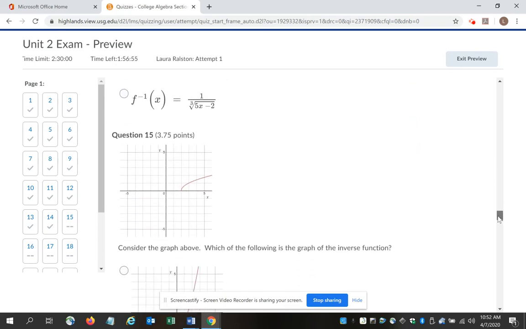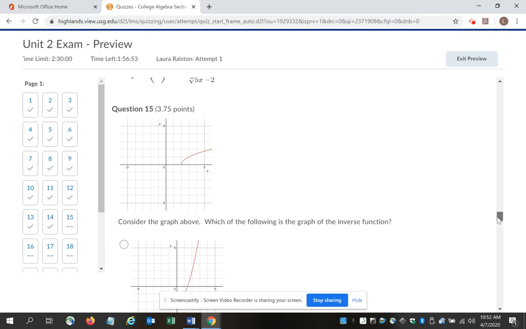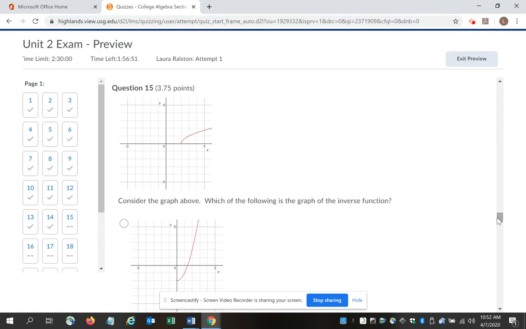All right, question 15 asks you which is the graph of the inverse. And guys, this is where you have to look at the graph and remember to do the flip-flop on the ordered pairs. So it looks like this particular curve on the original one begins at the ordered pair 2, 0.